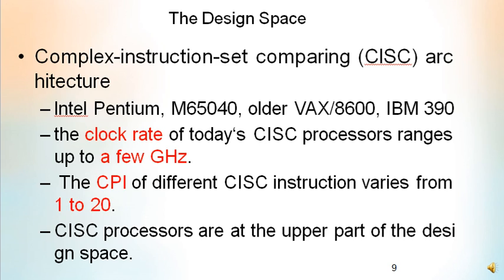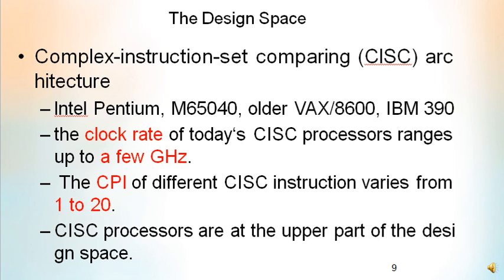Let's move to the detailed study of the design space of different processors. First one is CISC architecture. CISC means complex instruction set computing architecture. As I said earlier, Intel Pentium, the older VAX 8600, and IBM 390 are examples of CISC architecture processors.